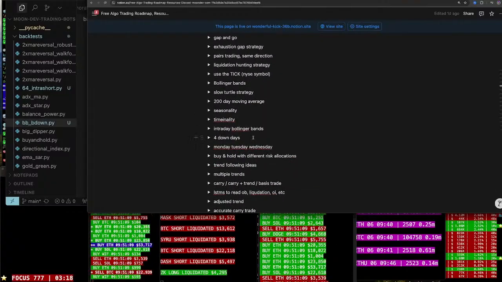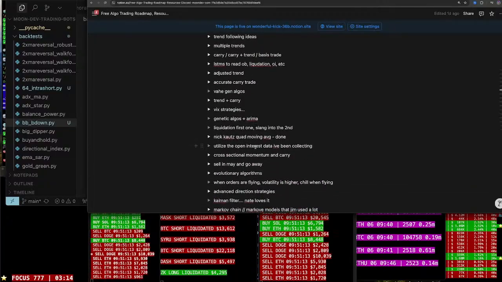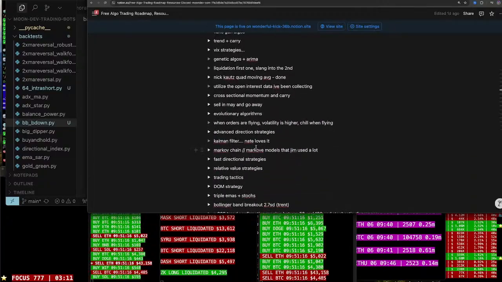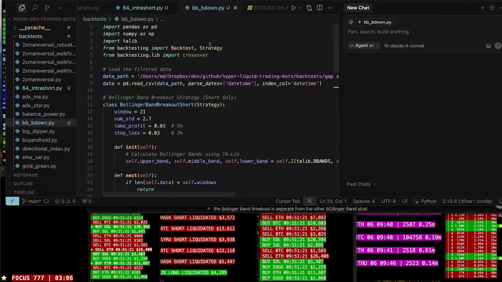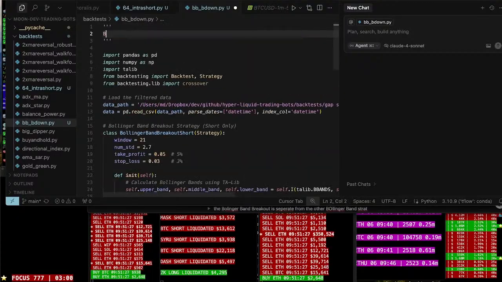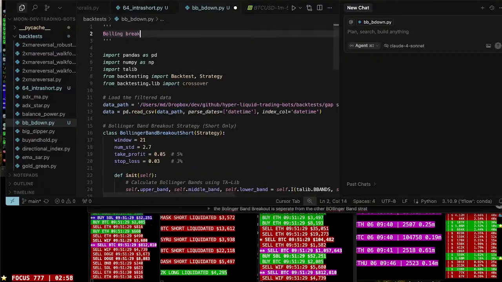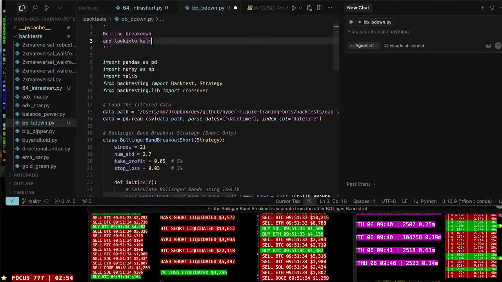Intraday Bollinger Bands. There was a Bollinger Band one that I wanted to look into here. Nate, the Kalman filter. On Bollinger breakdown, and look into Kalman filter.